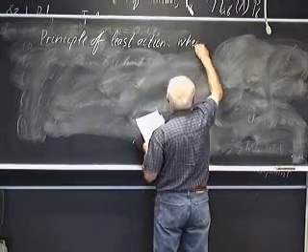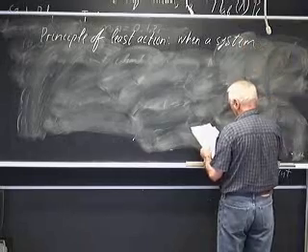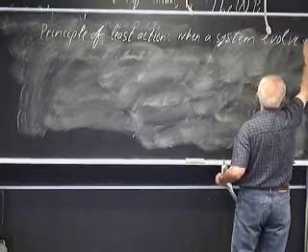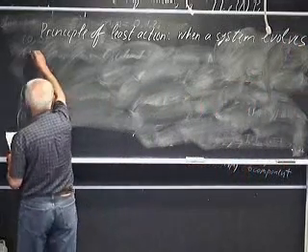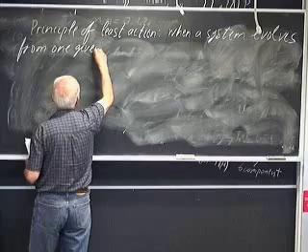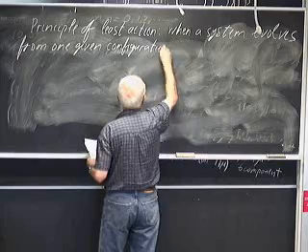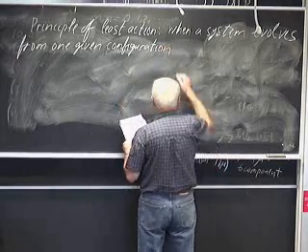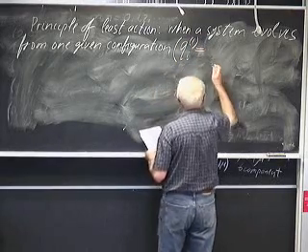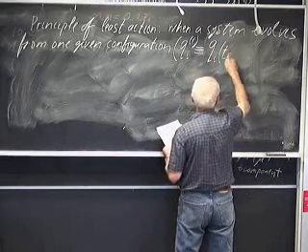When a system evolves from one given configuration, this means we pick an initial value of the coordinate at time t1.